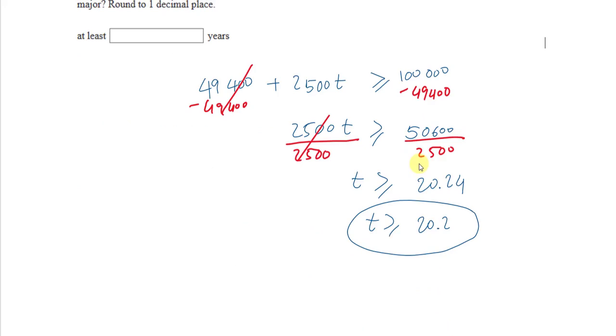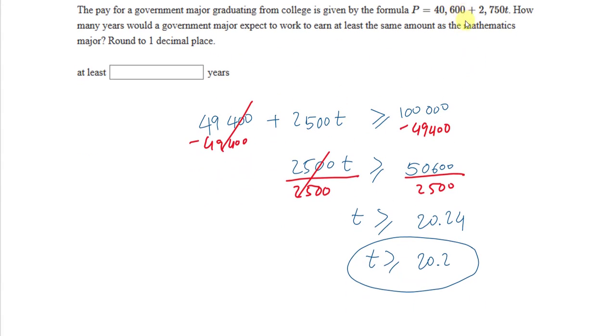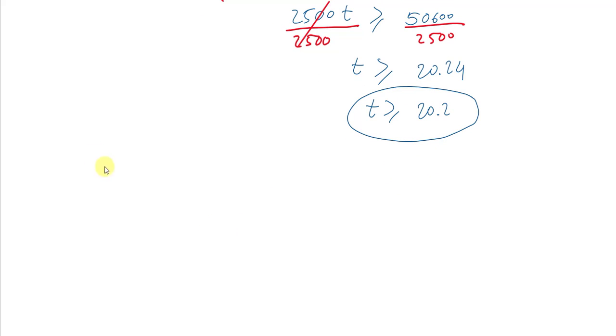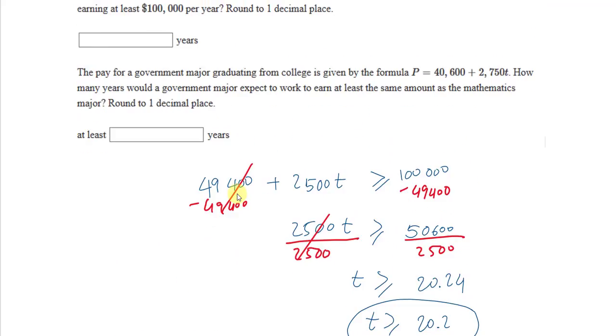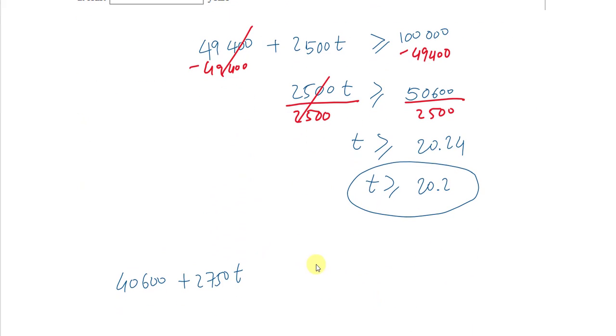So let's go down here. 4,600 plus 2,750 T. This is the pay for a government job, and you want that to be at least, or equal to, at least means there's an equal sign, 100 plus 2500T.